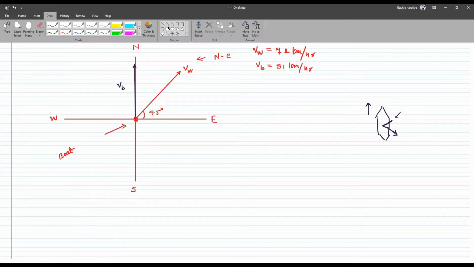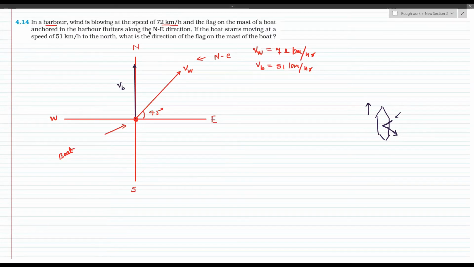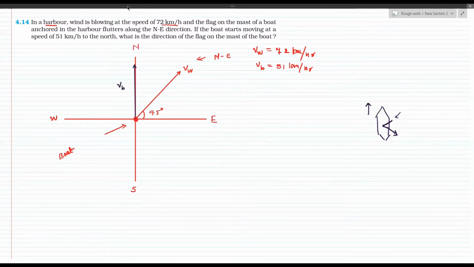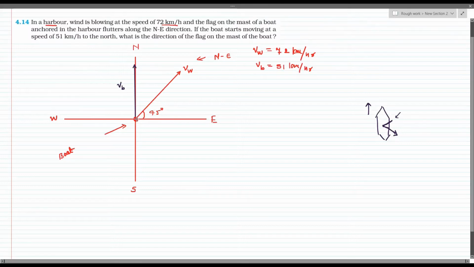So what I mean to say is the direction of the fluttering of the flag is this direction.